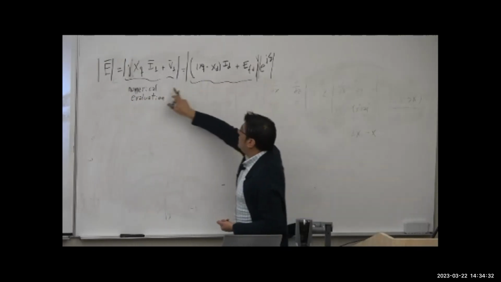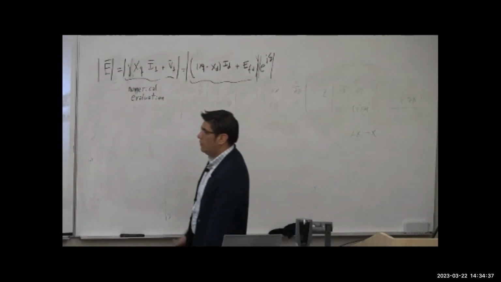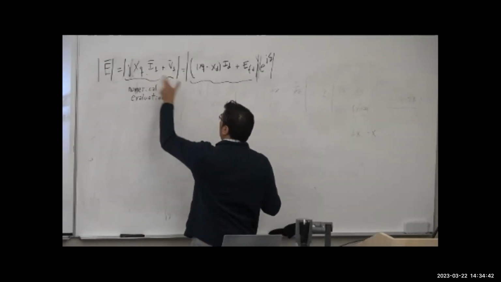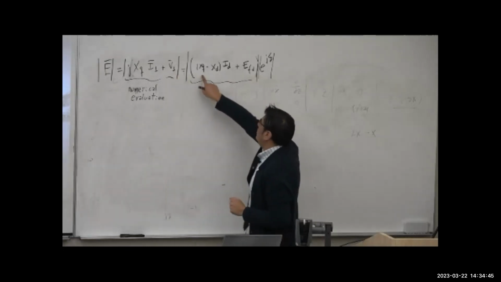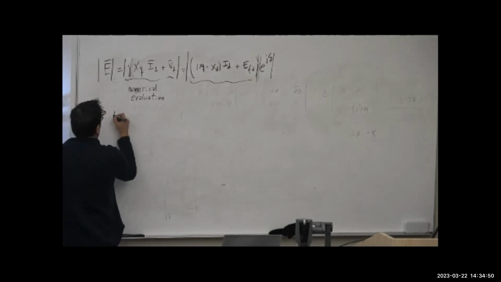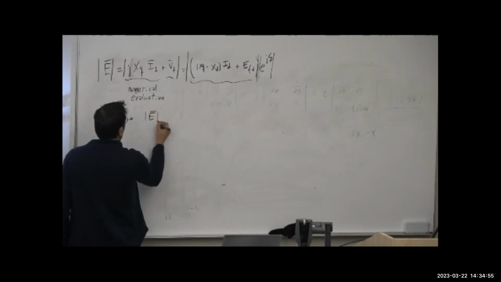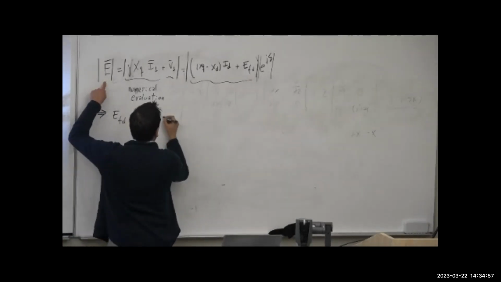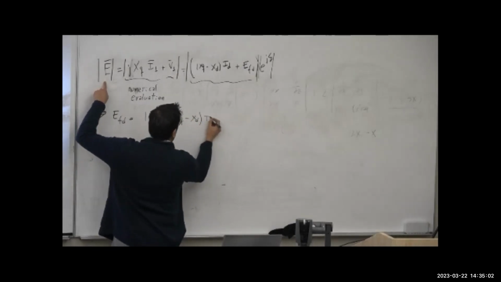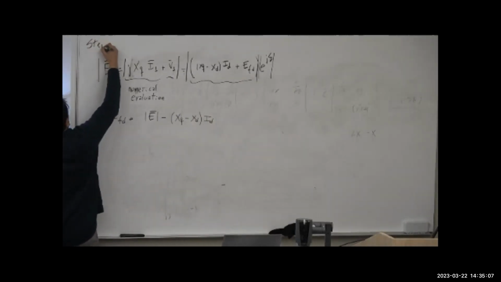This was already obtained here. We know that from the numerical evaluation. We calculated E using the solution from the power flow. We know how much is the magnitude, but the magnitude needs to be equal to this. So from there, we obtain that EFD is the magnitude of this internal voltage minus this term right here. And that is step 3.